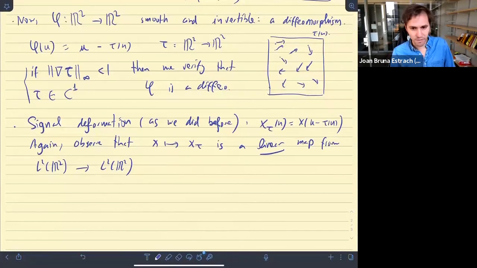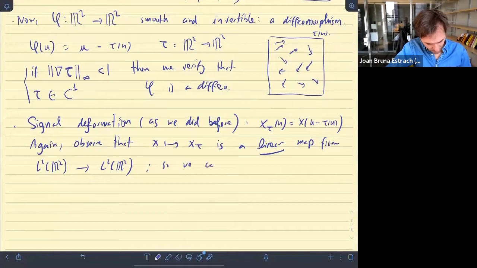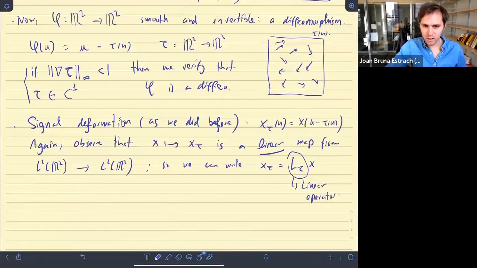You can verify that very easily, it's really just a one-line proof. So we can write the deformation as some operator that is applied to x. Sometimes maybe later we might use this notation.